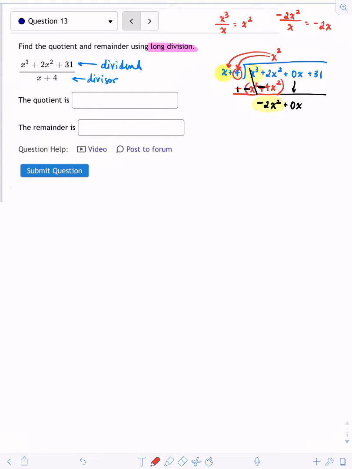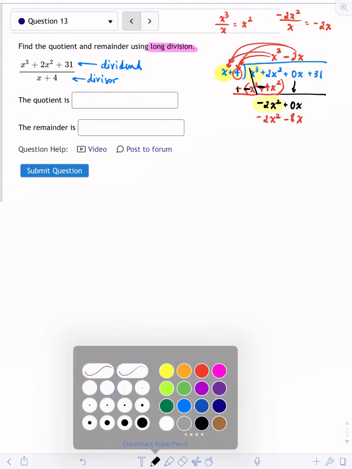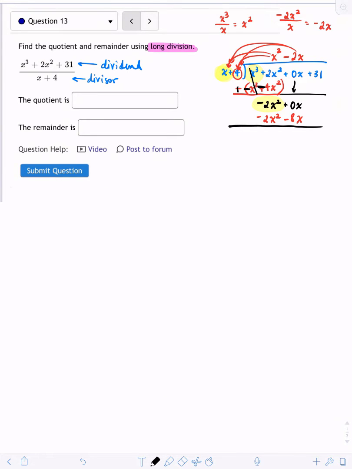Therefore, keeping place values, I would have minus 2x. So now multiplying minus 2x times x gives you that minus 2x squared, but don't forget you have to do it to both. Minus 2x times 4 gives you minus 8x. So you do have some sort of linear term when you're multiplying out.